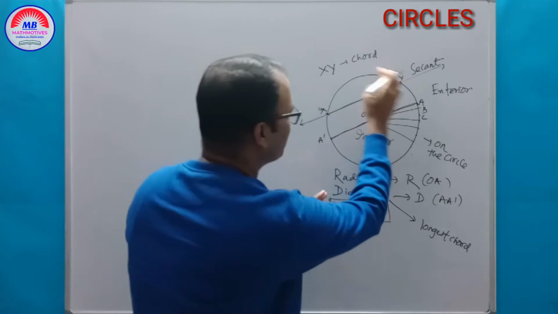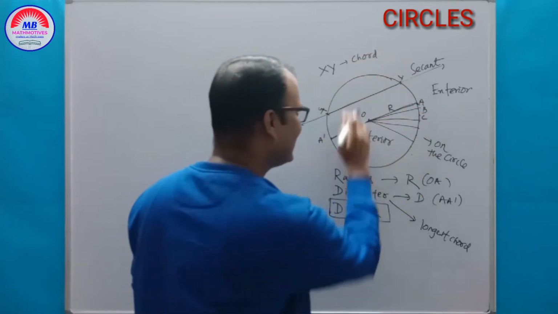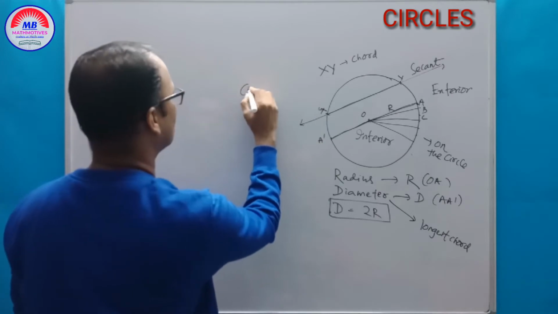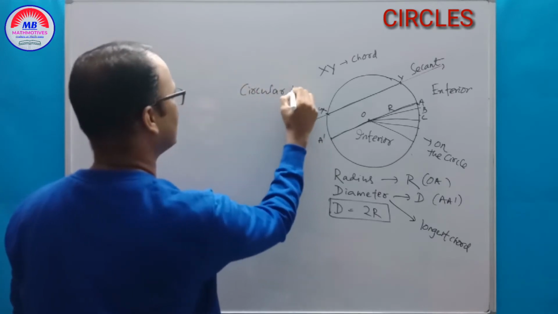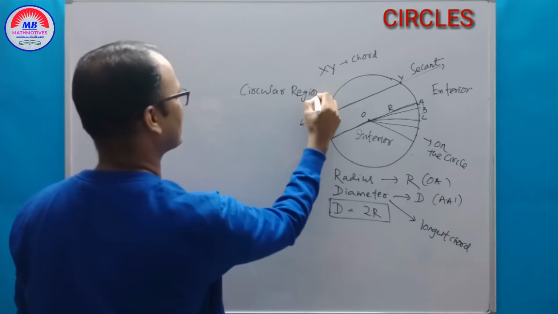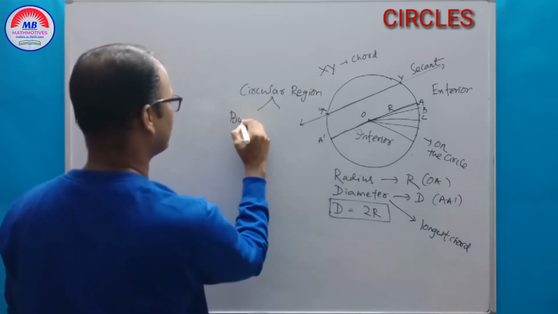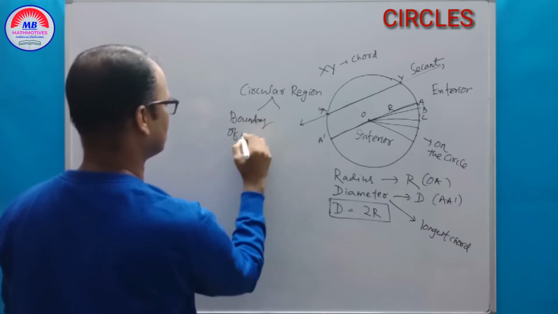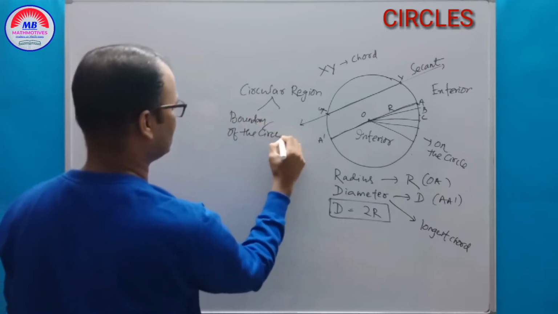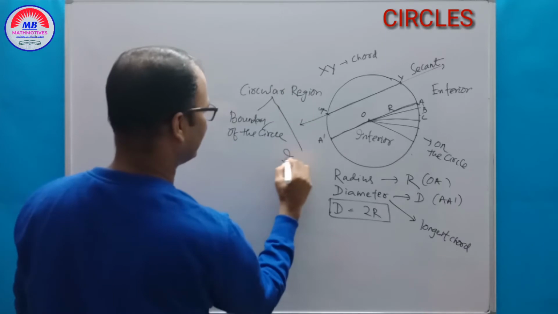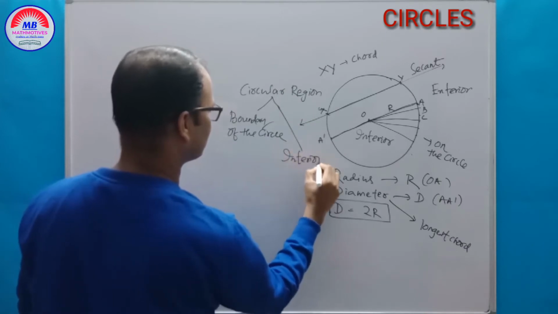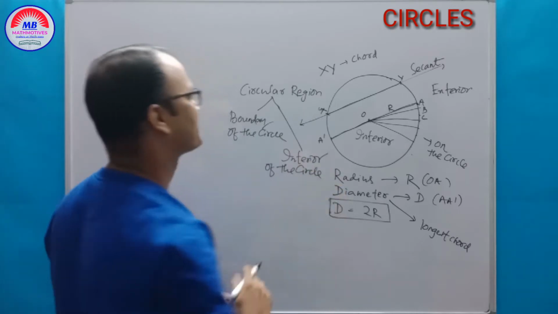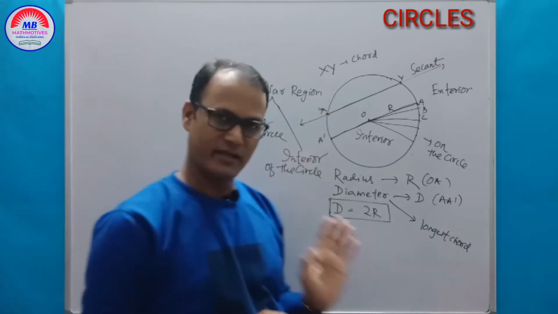Then if we take the boundary of the circle and the interior, that is called the circular region.